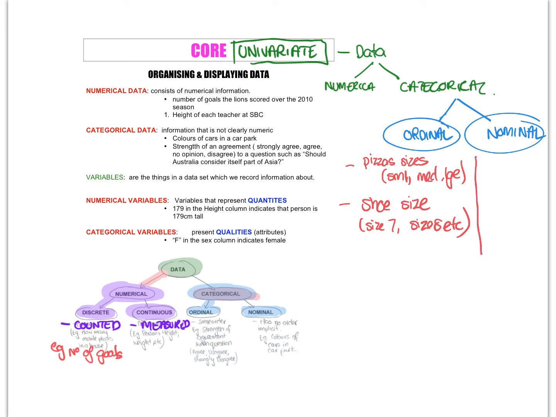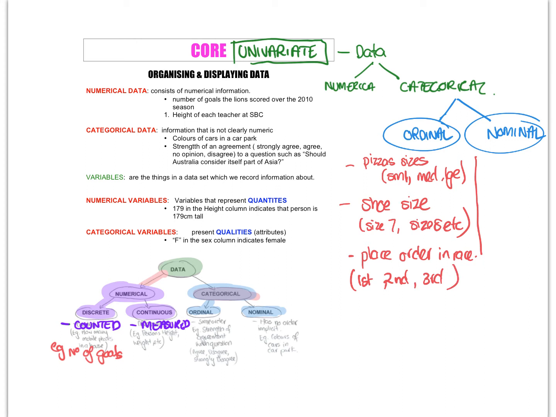Now another one that can be in ordinal data, which you might get confused, is say place order in a race. So say if you come first, second, third, that's actually a category, but it's ordinal.